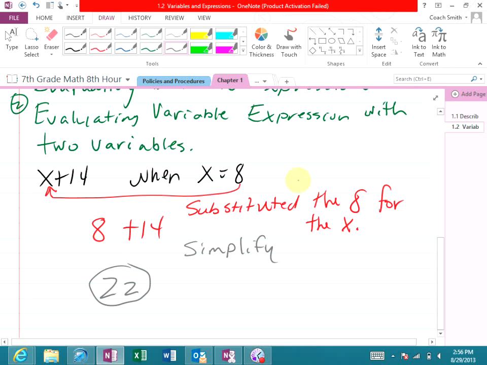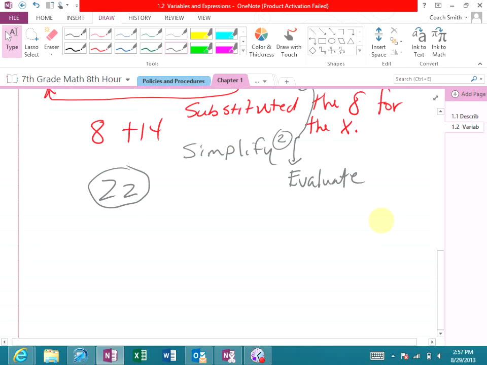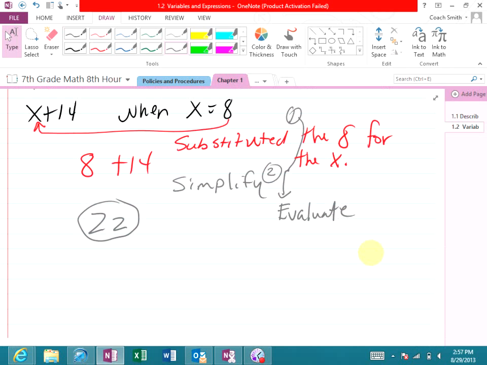These two processes, this here and this here, the two together represent evaluate. Okay, the process is substituting in the 8 for the x and then simplifying it. That's the process.